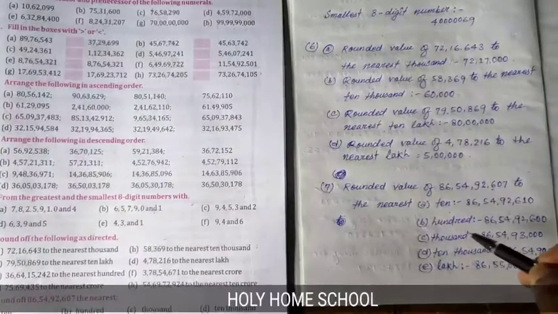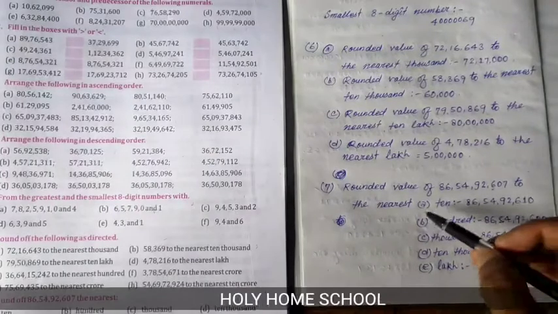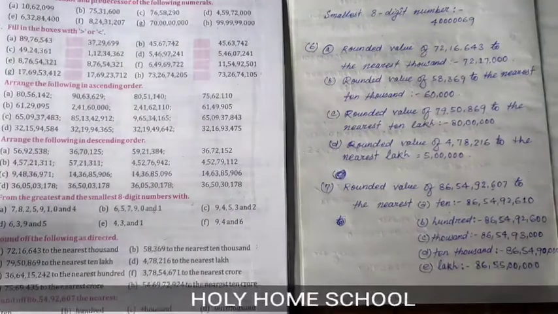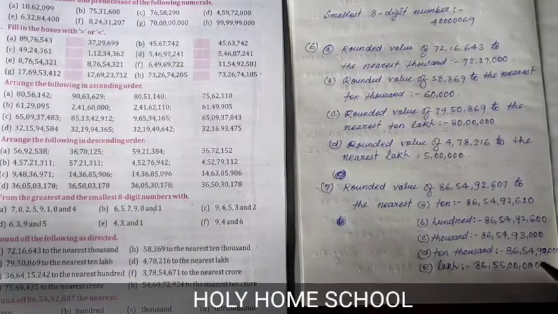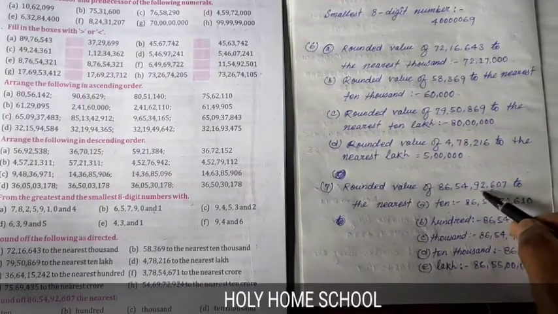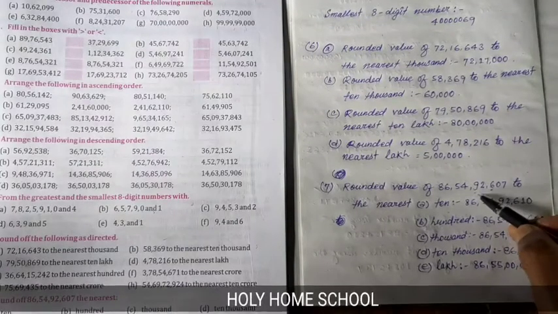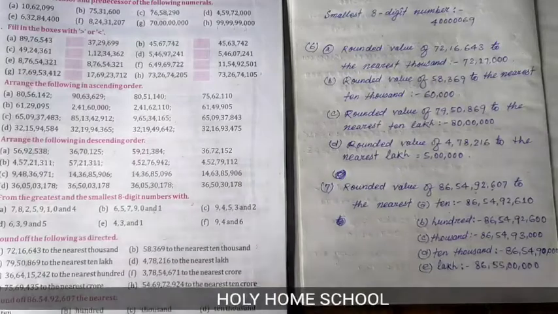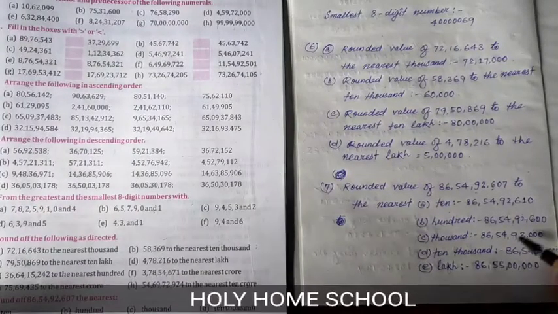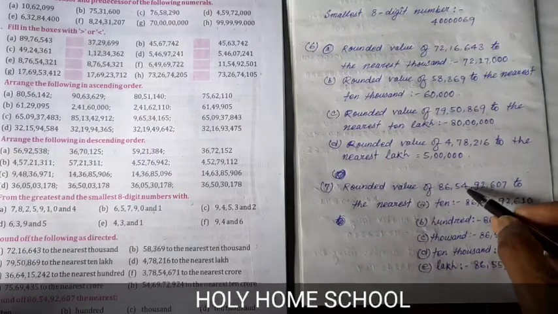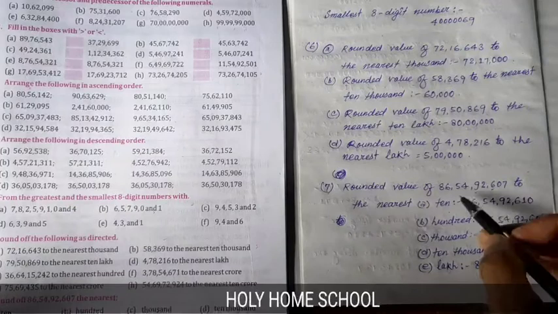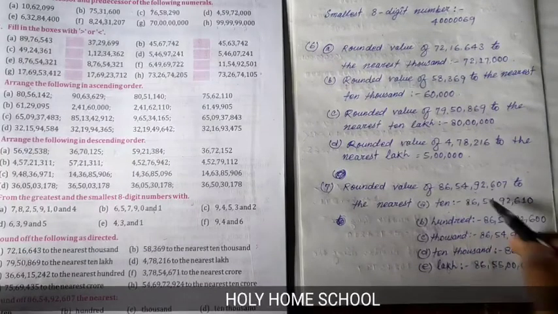Question number E. To the nearest lakh, we will observe which digit comes at 10,000 place, definitely 9, that is greater than 5, so here it will be changed and that 4 becomes 5, so 86 crore 55 lakh.